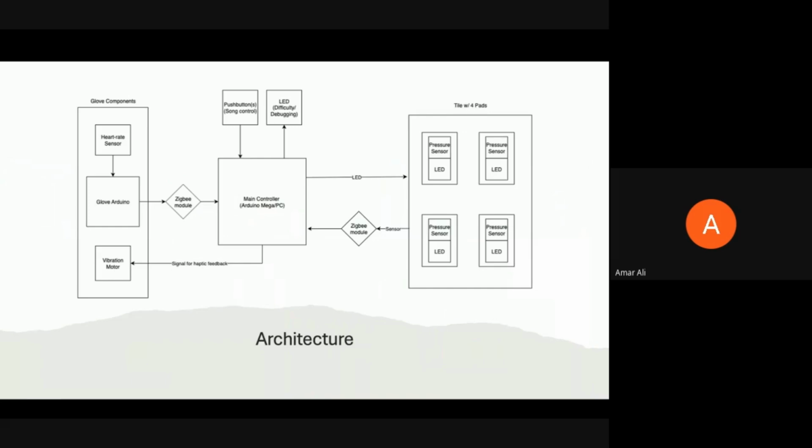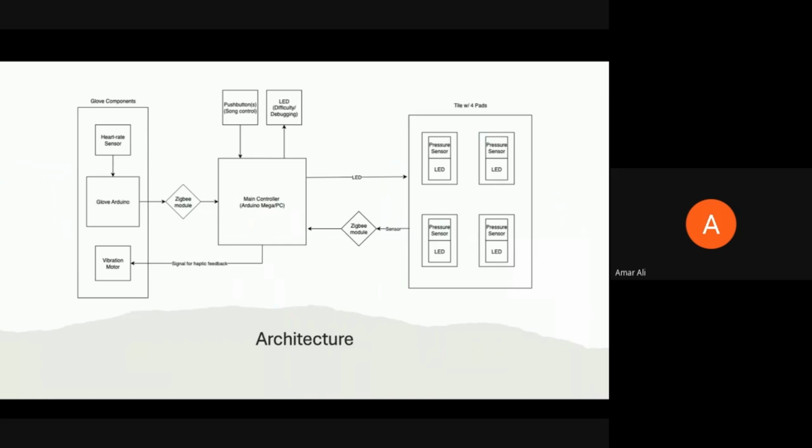All of these will communicate with the main controller using a ZigBee module. So the glove Arduino will send any necessary data to the main controller Arduino, which then sends it to the PC, which will be running the Java UI and handle any speed changes or any extra processing.